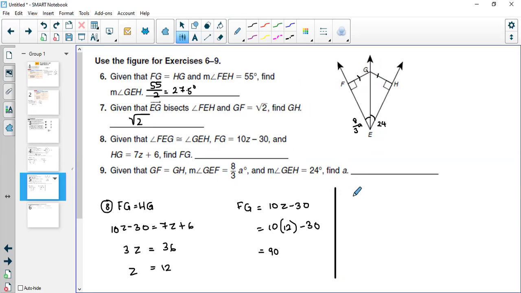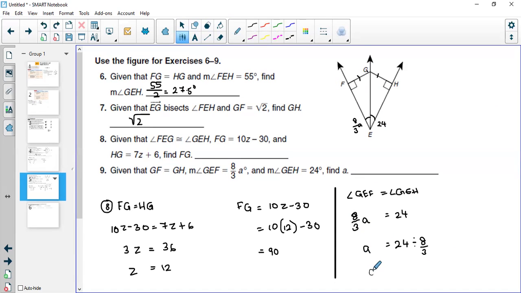So which means we could say angle GEF is equal to angle GEH, which means 8 over 3A is equal to 24 degrees. What do you need to do? Solve it. A is going to be equal to 24 divided by 8 over 3, because 8 over 3 is multiplied, so we are going to divide it.